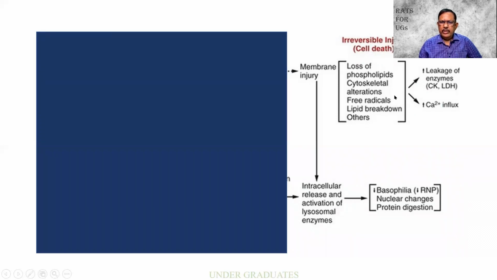It can happen because of free radicals, etc. And there is a leakage of enzymes, which will lead to various enzymes which are produced in infarctions. Also, there will be a release of the lysosomal enzymes from within the cell, which will lead to damage to the nuclear protein. So this particular flow diagram, I would like you people to kindly memorize.